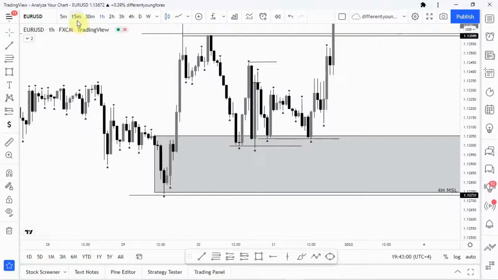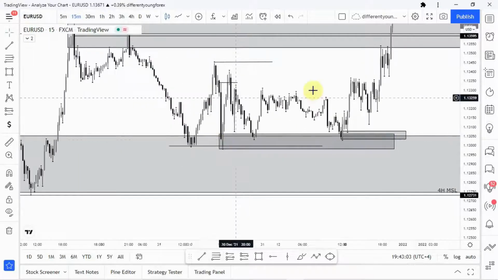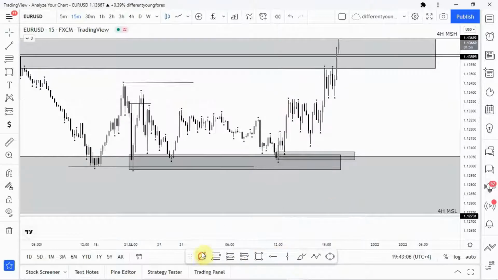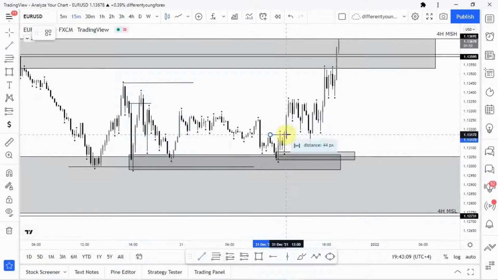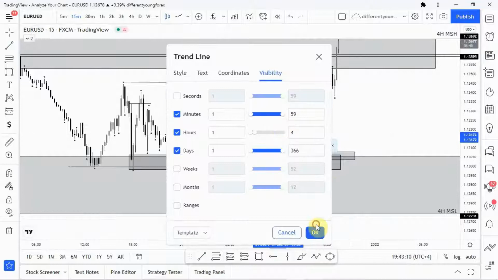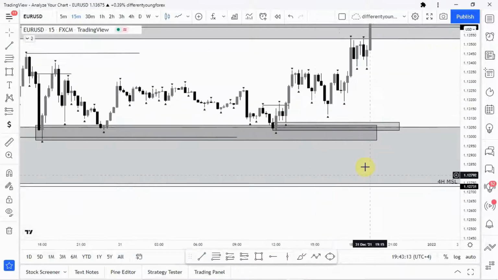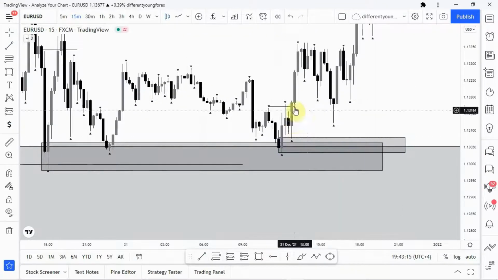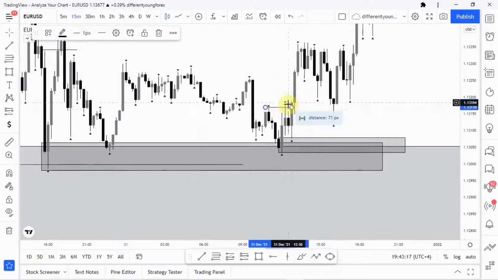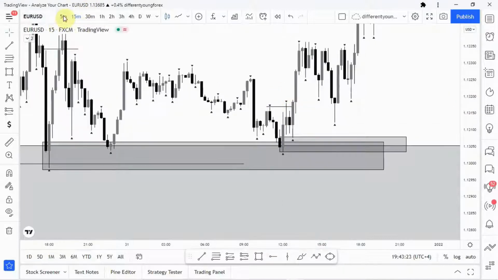Let's go to the 15-minute time frame. As you can see, the 15-minute high was not taken. This got raided, and we can use the 5-minute.